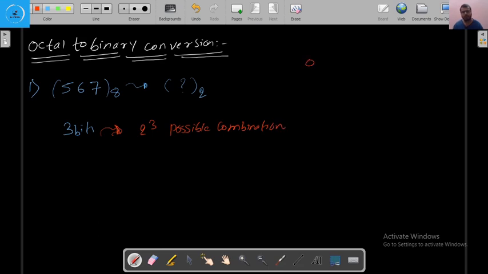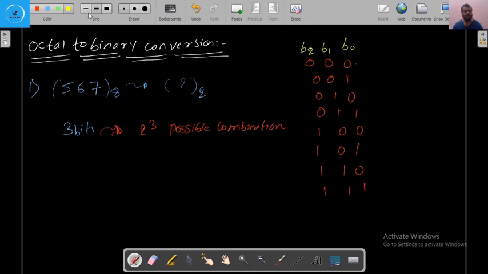These are 000, 001, 010, 011, 100, 101, 110, and 111. We can write B0, this is the LSB, B1, and here B2, this is the MSB.